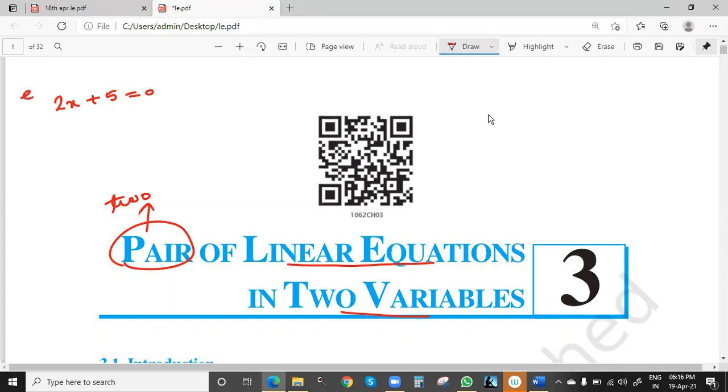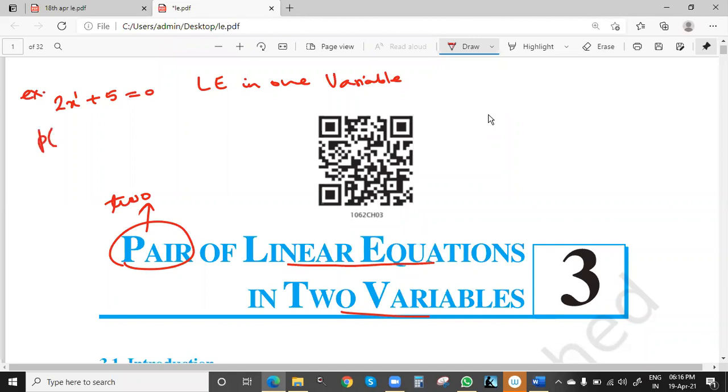This is a linear equation in one variable because the degree is 1, the maximum power of x is 1.